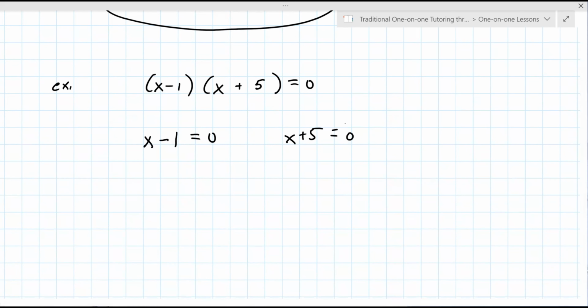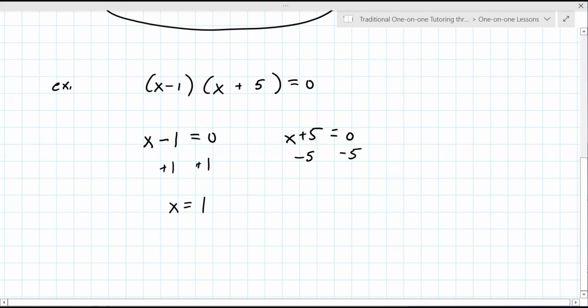You're going to add 1 to both sides. So x equals, you undo whatever the math operation is there. Then you subtract 5 from both sides. That's correct. If it's plus, you subtract. If it's minus, you add. So x equals -5.